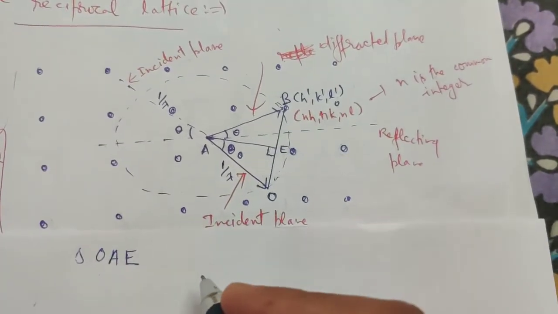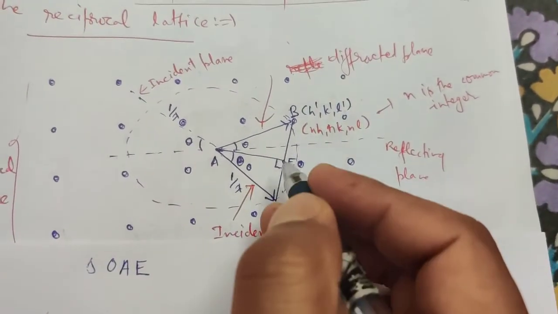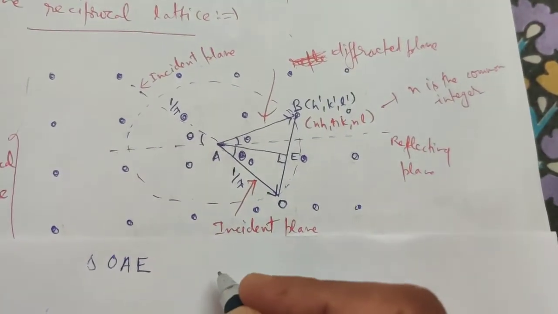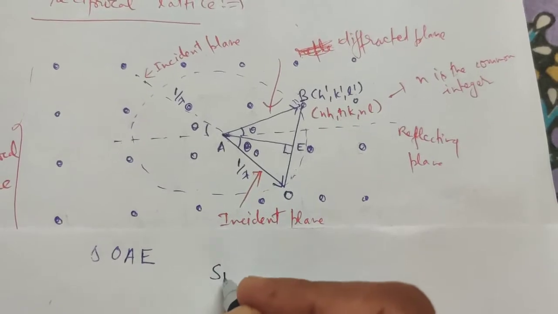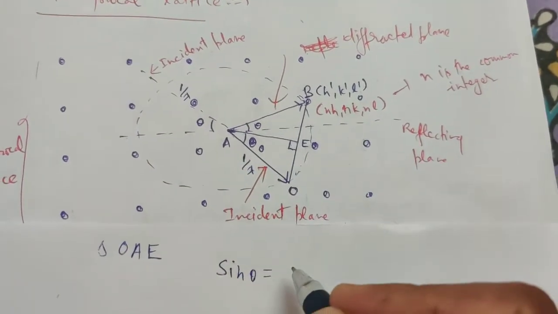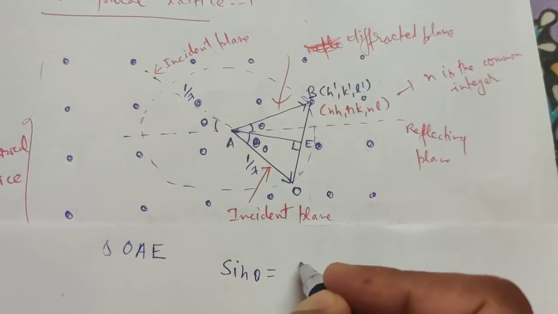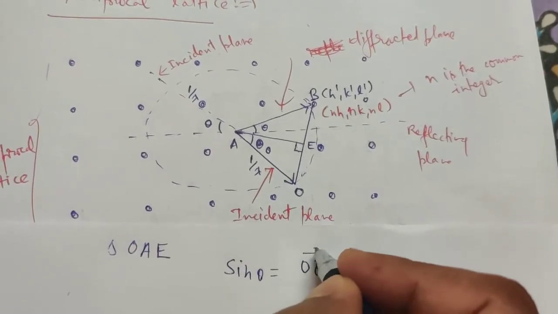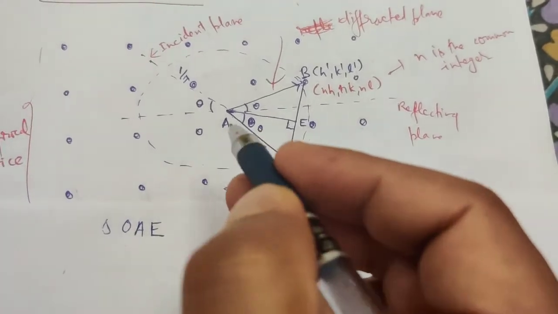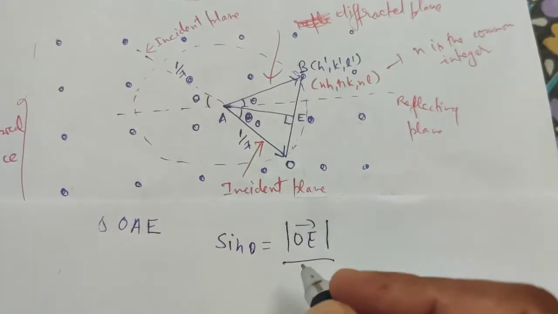So we can calculate OE. OE is the perpendicular, so sine theta is the perpendicular OE, magnitude, upon the hypotenuse AO, magnitude.